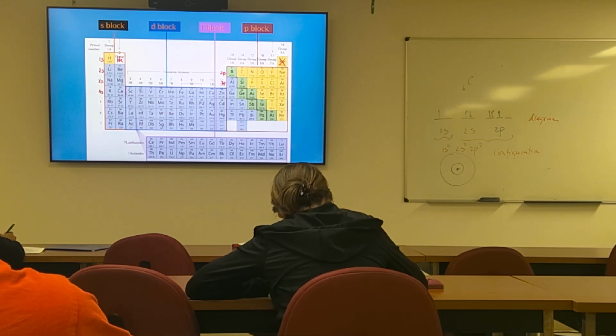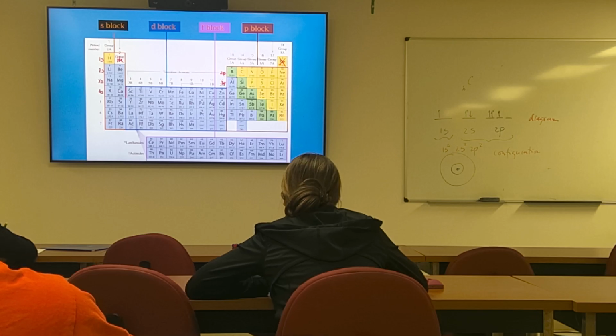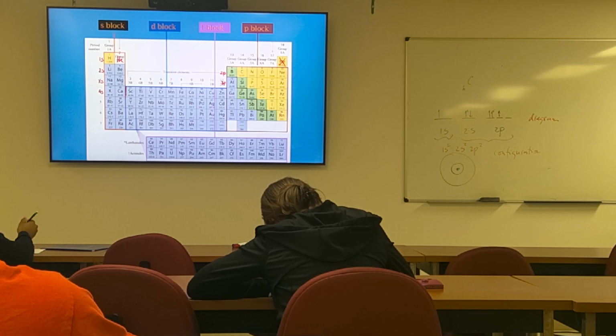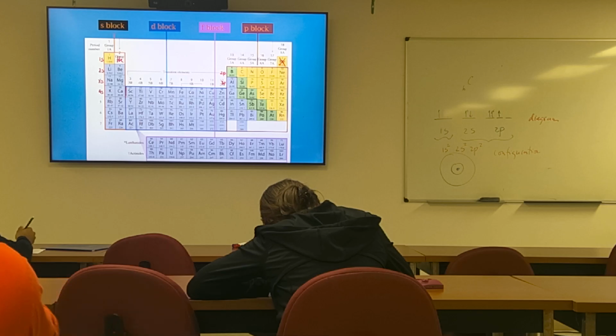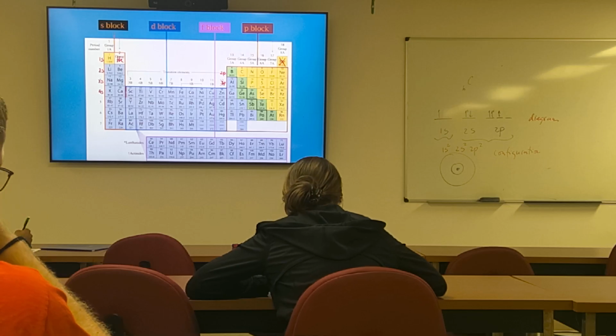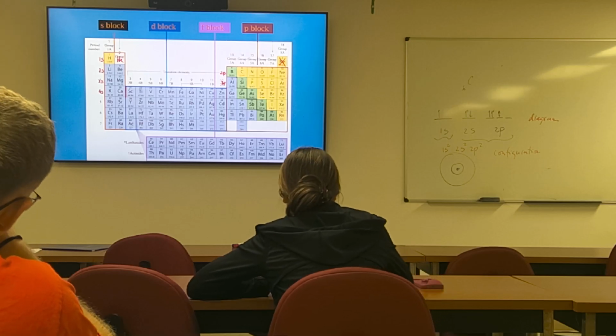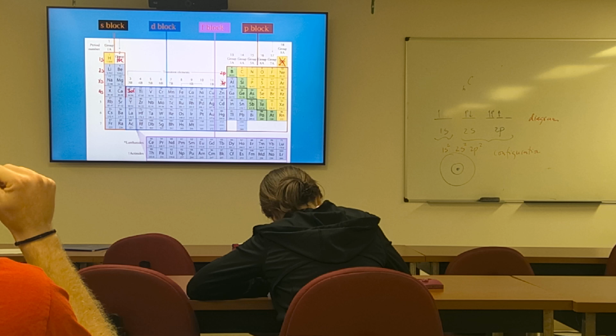And here, guys, with the d orbital, remember that the first time you had d orbitals was the 3d. There was no such thing as a 2d or 1d. So the first d is the 3d. Even though d orbitals show in the 4th period, these elements are your 3d elements from here to here.